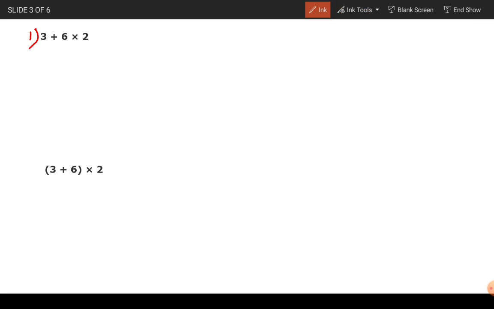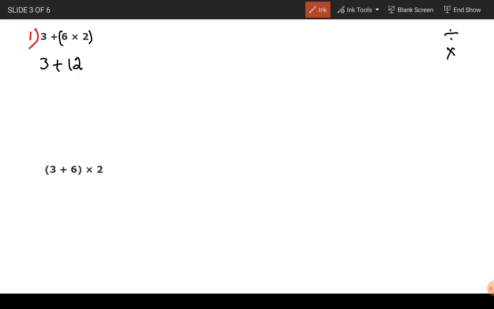As you can see, since there are no brackets and there is no off, the next order of operation will be division. Since there is no division, let's look for the next order, which is multiplication. So over here, I'm going to solve the multiplication first. So I will get 3 plus 6 into 2 is 12, right?